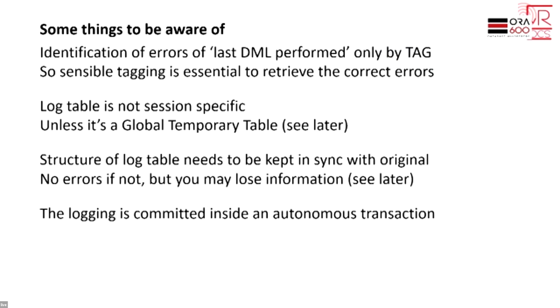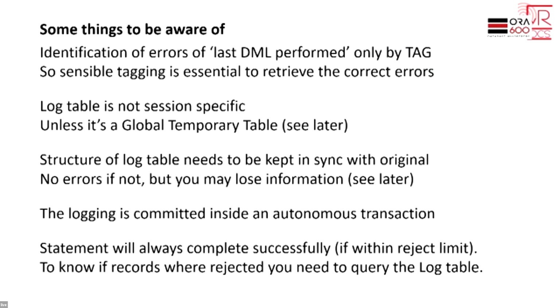The logging is committed in an autonomous transaction. That's actually a good thing. And the statement will always complete successfully, unless, of course, you have more errors than your reject limit. This means that you actively have to go to your log errors table to find out if any records have been written in there.